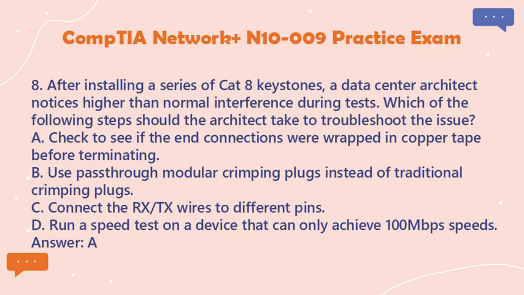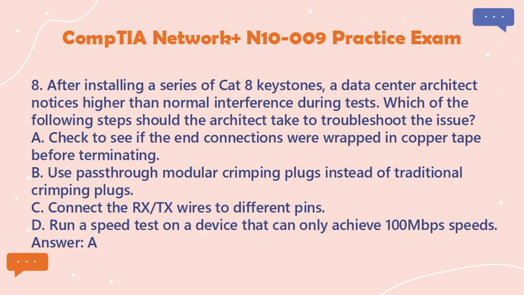8. After installing a series of Cat8 keystones, a data center architect notices higher than normal interference during tests. Which of the following steps should the architect take to troubleshoot the issue? A. Check to see if the end connections were wrapped in copper tape before terminating.